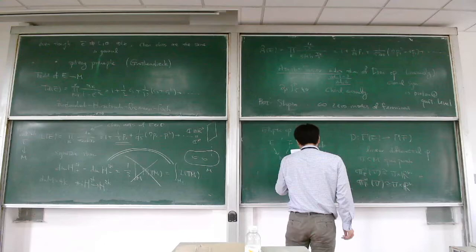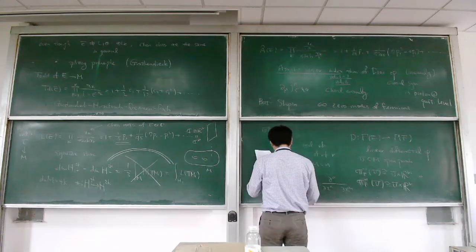What I'm doing is as follows. You have a manifold, and you have U, and if you look at E and F, there's a fiber at each point.